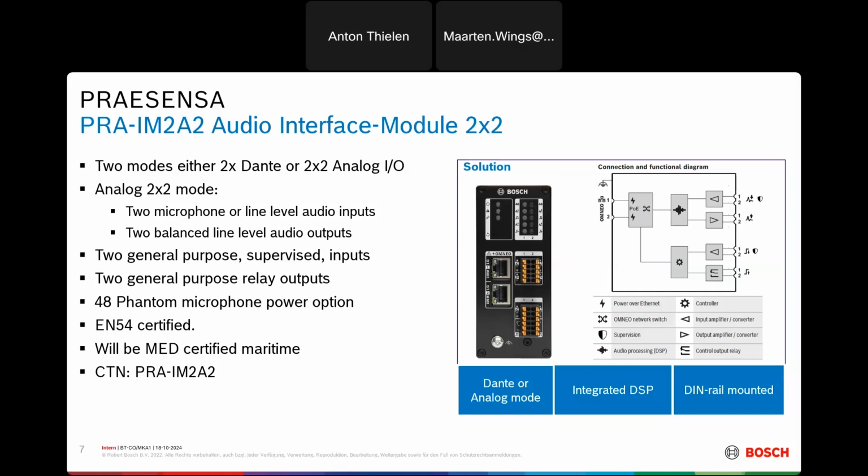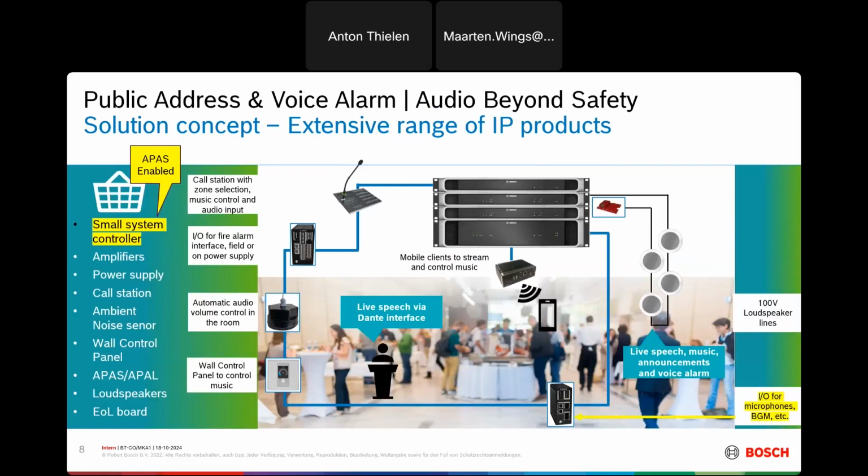As you see on the next slide, with this module, we actually have a nice addition to a concept that we call audio beyond safety. So PRAESENSA is a system which offers excellent sound quality. And we already had a few nice elements which allow you to use the PRAESENSA system also for commercial use cases, like the APAS, for instance, where you can connect mobile clients to do playback of background music from the call station.